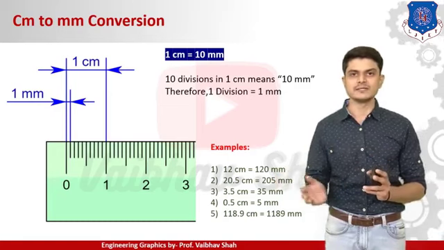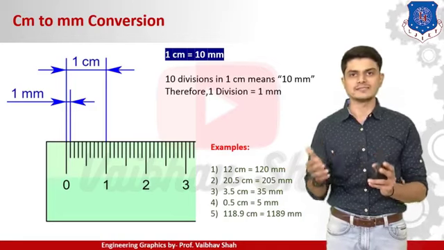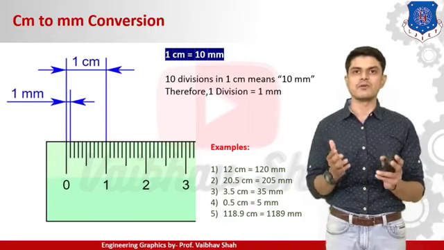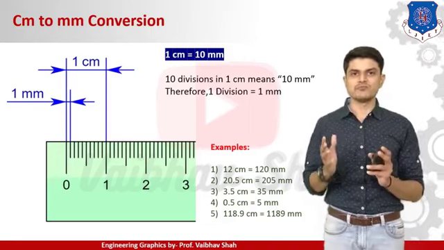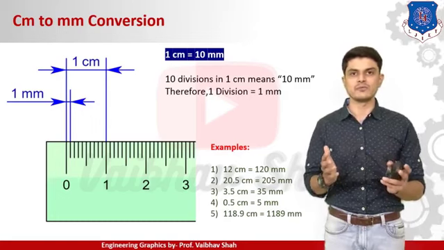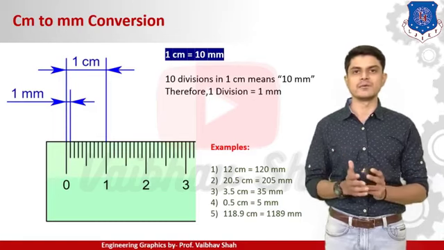Next, 3.5 centimeter. If you multiply by 10, we will get 35 mm. Next, 0.5 centimeter. If we multiply by 10, we will get 5 mm. And the last one, 118.9 centimeter is equal to 1189 mm. What we have done is we have just multiplied by 10 to get it converted into mm.